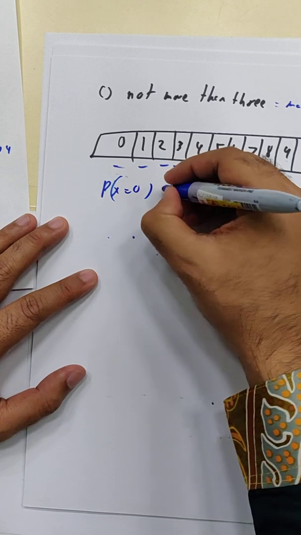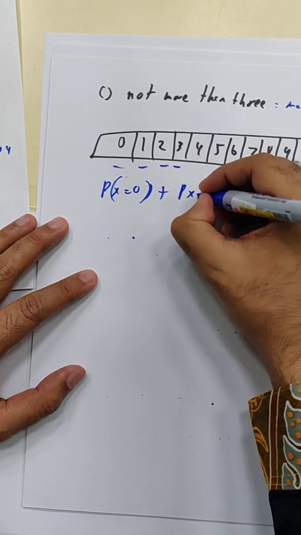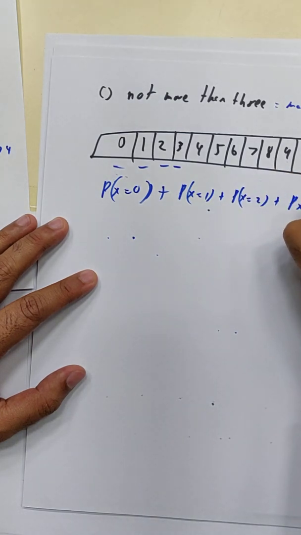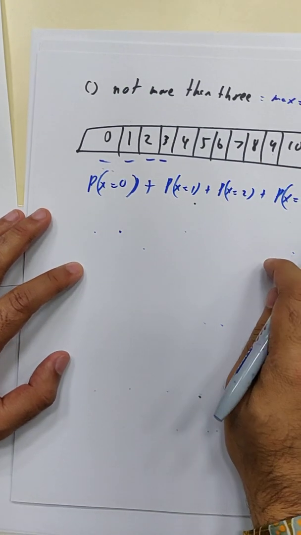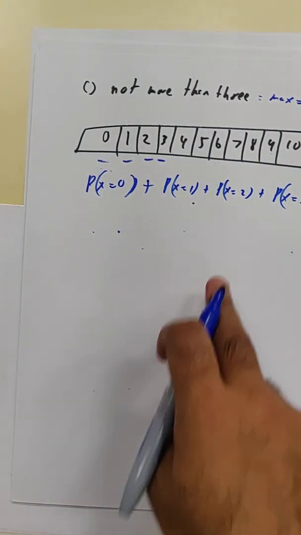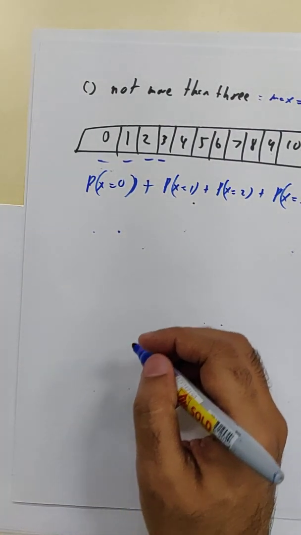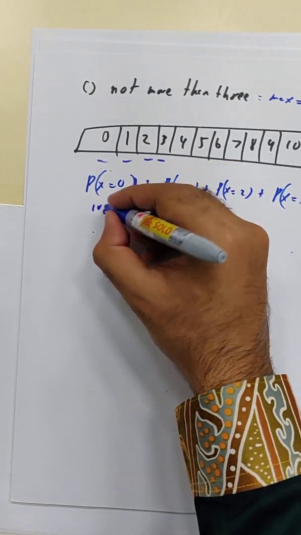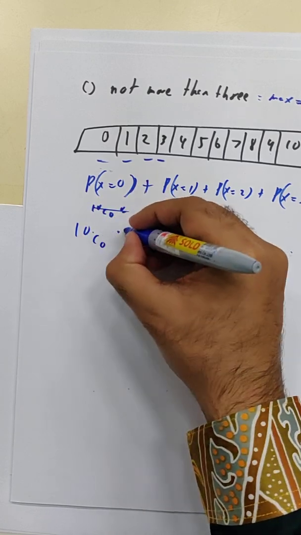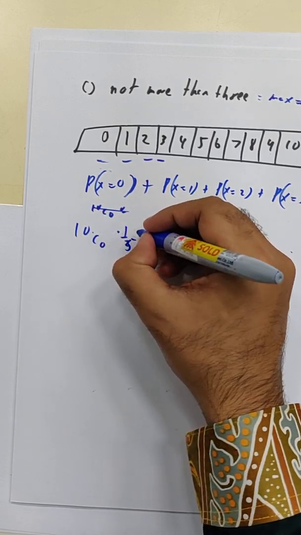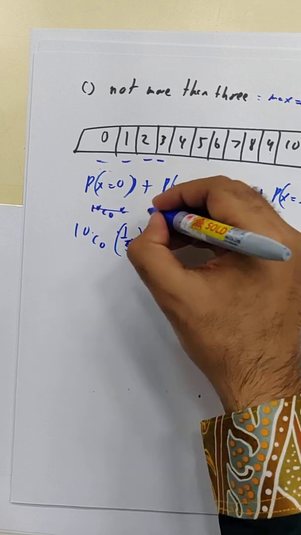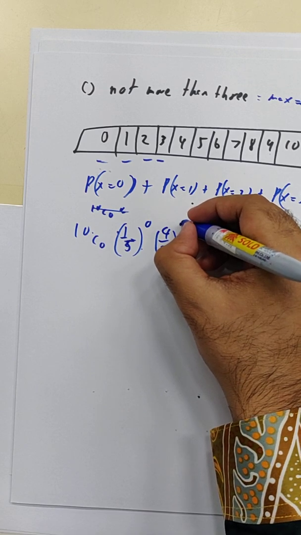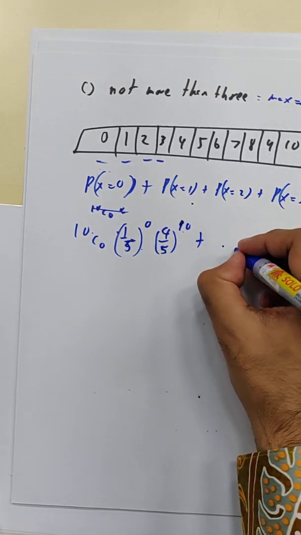Px equals 0 plus Px equals 1 plus Px equals 2, and I believe you know how to calculate them by yourself. 10C0, I just do 1, 0.2, sorry, too small. (1/5)^0, (4/5)^10, and so on.